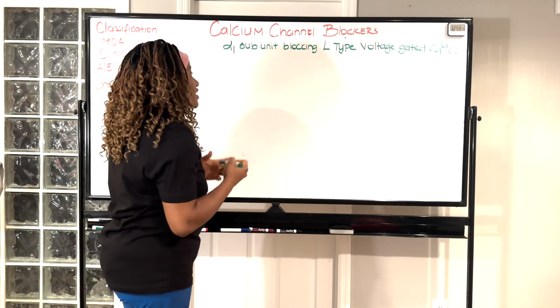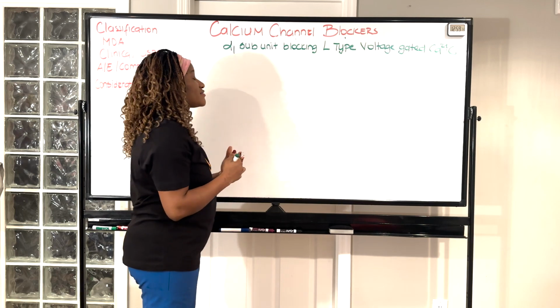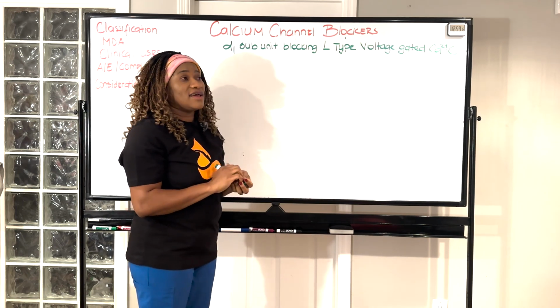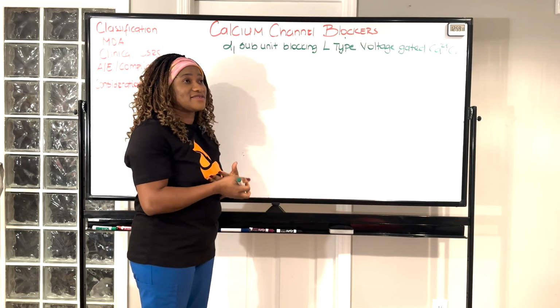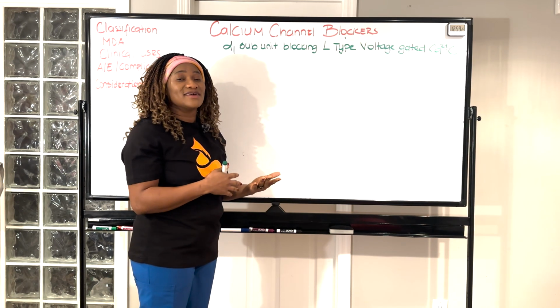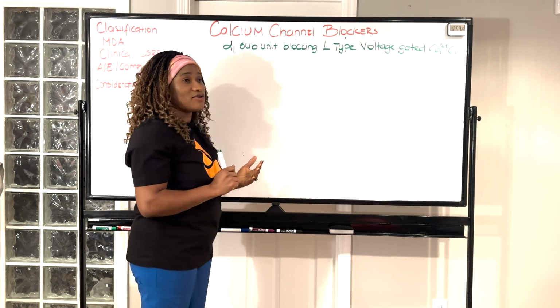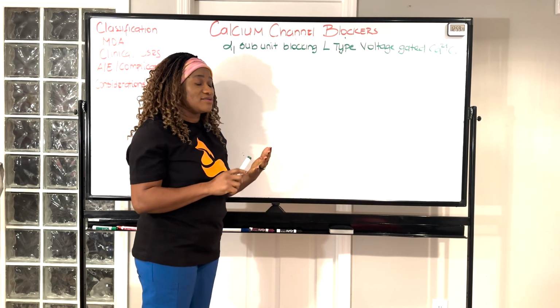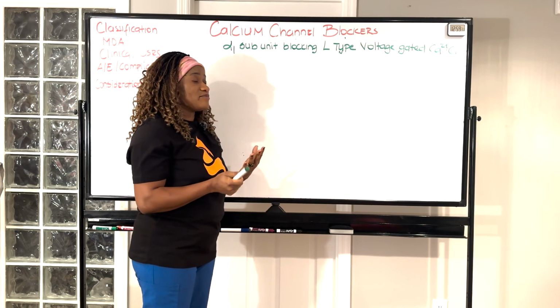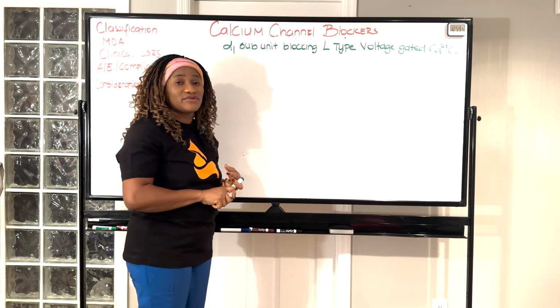And I also talked about the side effects. All of them have common side effects, and when we talk about the specificity of each of them, I'm going to show you which one has more or less. So the calcium channel blockers, all of them are going to give you headache, flushing, and peripheral edema.